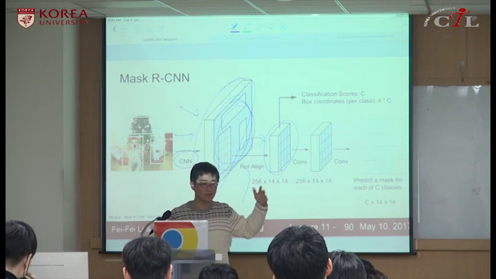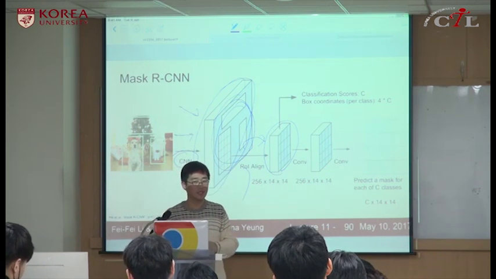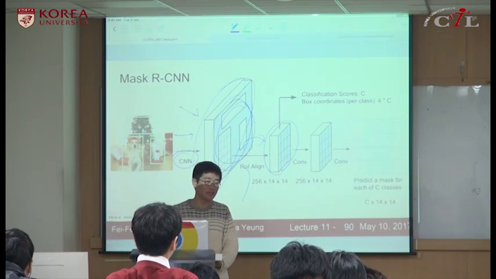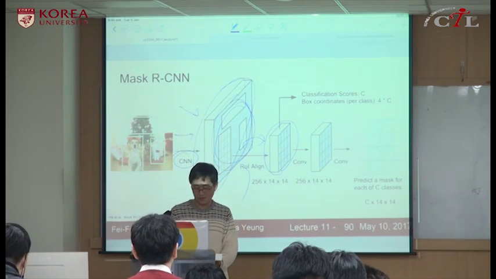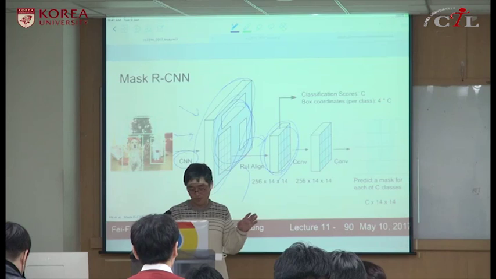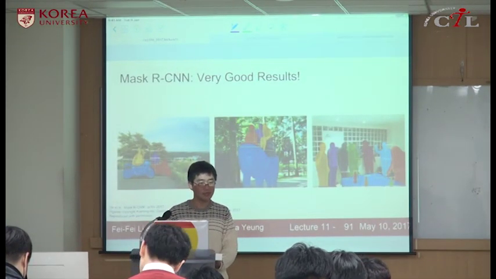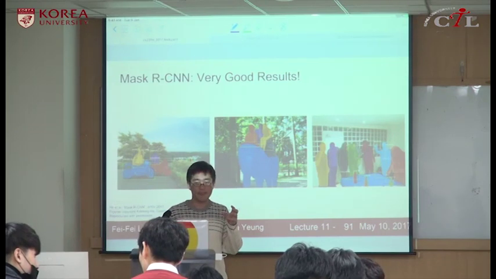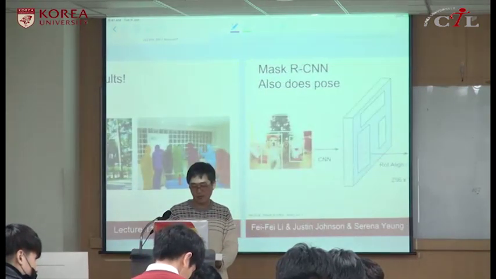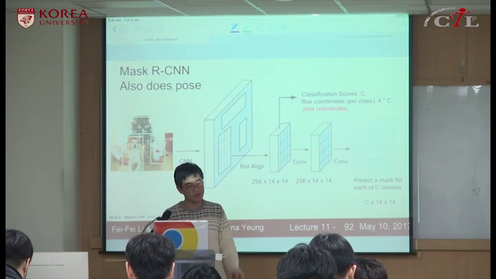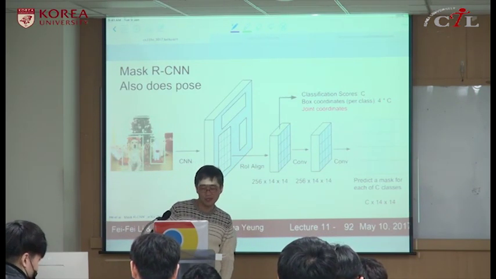So it basically follows the Faster RCNN framework, but it's a kind of multitask learning. Given the bounding box, we perform pixel-wise segmentation or classification, determining whether each pixel belongs to the given class or not.